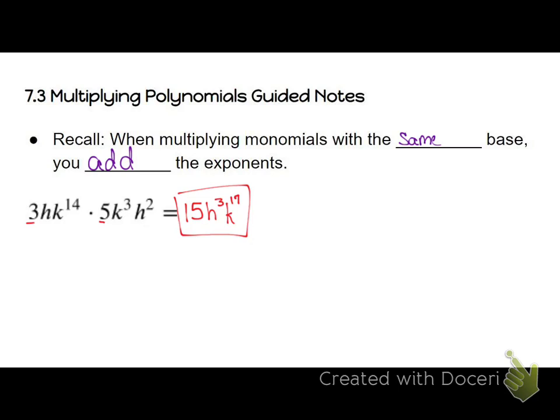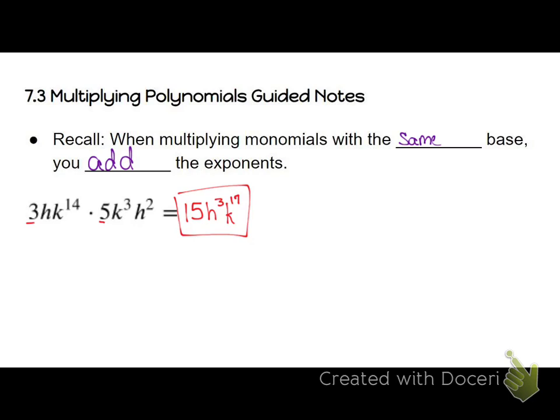Now, on today's lesson, you already have all the skills you need to complete it. You know how to distribute. You know how to combine like terms. You know how to multiply exponents. We're just going to make it a few extra steps.